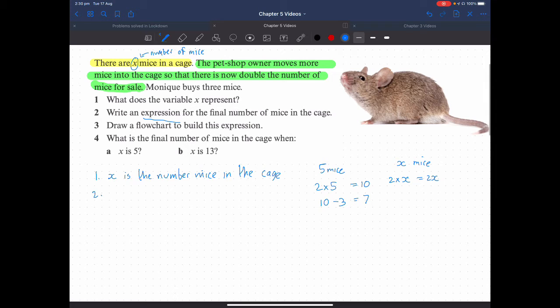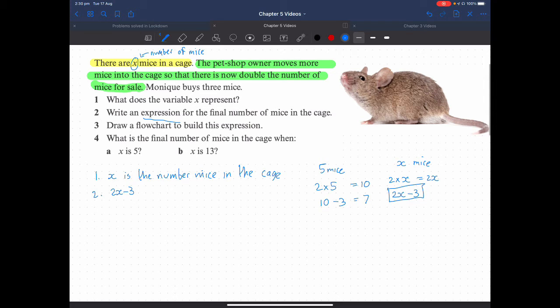Then Monique buys 3 mice. Well, we have 2X mice in the cage. Monique buys 3, so there's going to be 3 less. So I've got 2X minus 3. So the expression for the final number of mice in the cage is 2X minus 3.